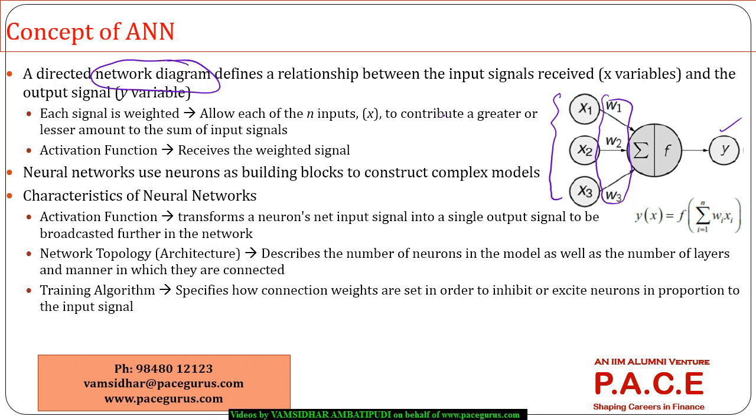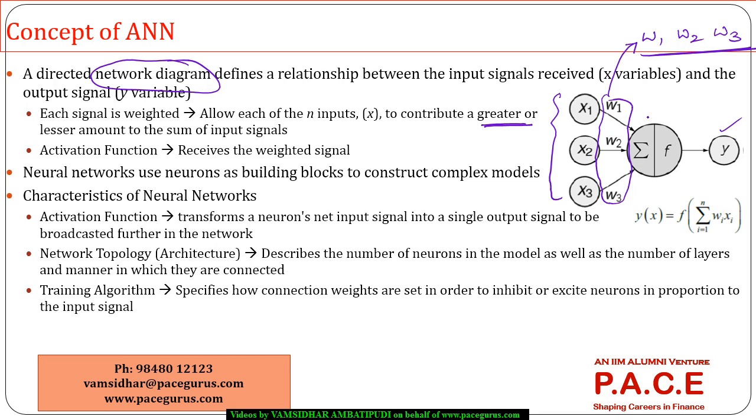In the same way, the different inputs being supplied carry different kinds of weights. So if I have three different inputs, three different weights are assigned to them. Some of them will contribute more to the overall information, some will contribute less. There is a mechanism the system will use to determine w1, w2, w3, but for now just try to understand that there are different weights associated with different inputs.